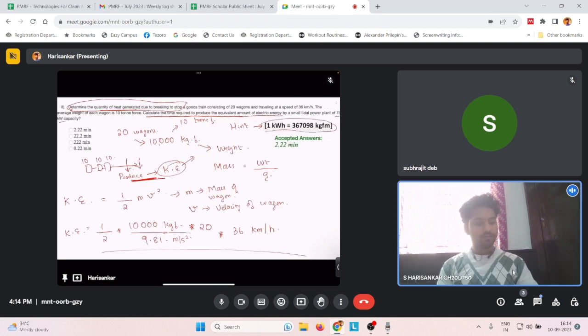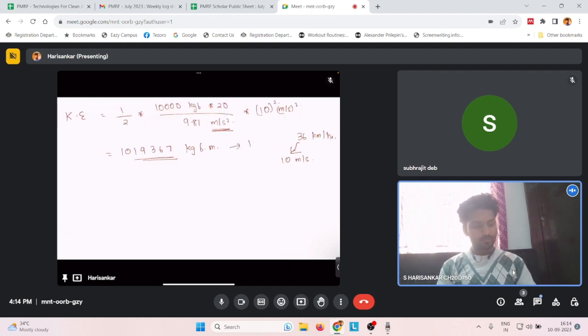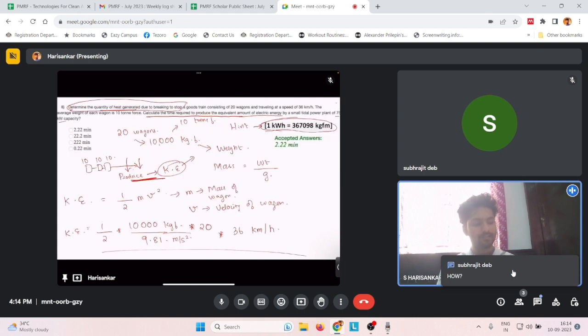In the last slide we had this hint, 1 kilowatt hour is 367098 kilogram force meter. So we want to convert this into kilowatt hour. How do we do that? This is actually a standard conversion. How we arrived at this, I'll have to look into the derivation, but this is a standard conversion that was given in the lectures, so we can use that.